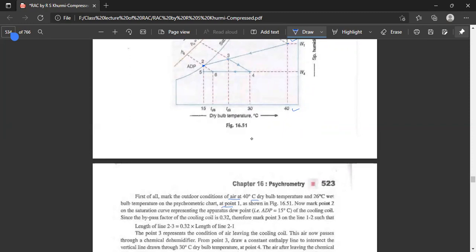Bypass factor means the percentage of air that is not cooled. So we are locating point number 3.